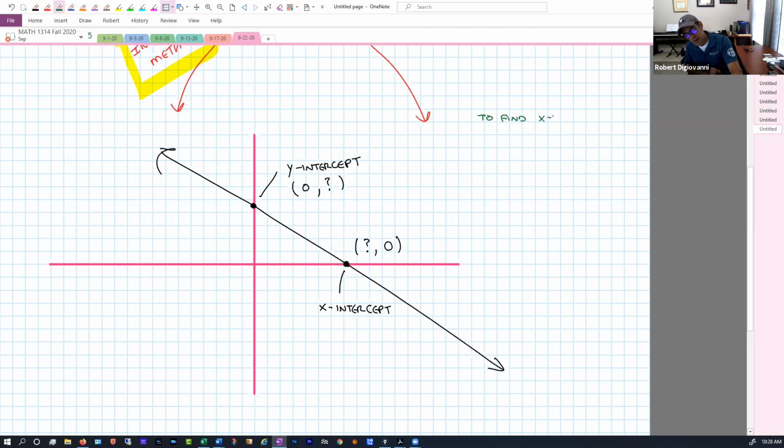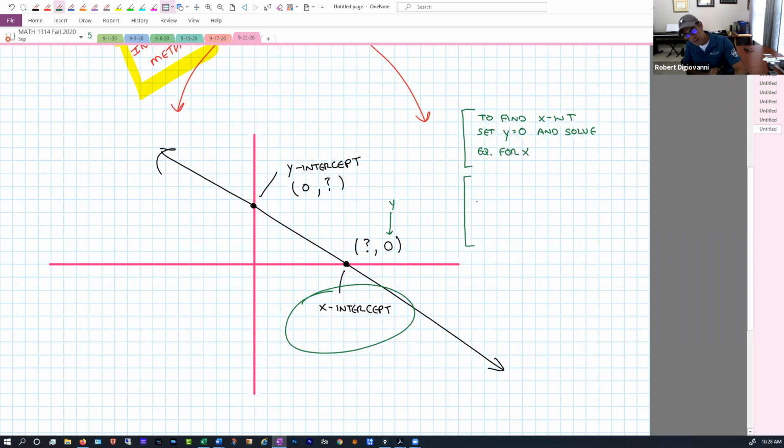So to find the X-intercept, that's this one, we're going to use the fact that the Y has to be 0 at the X-intercept. So to find the X-intercept, we are going to set Y equal to 0 and solve the equation for X. Okay, that's how we find the X-intercept.